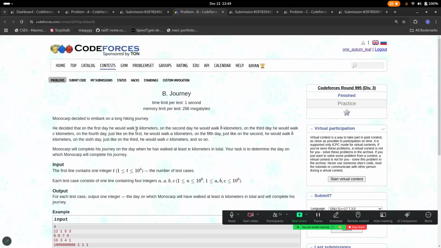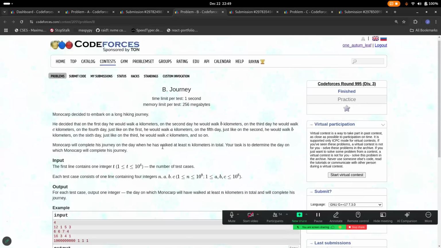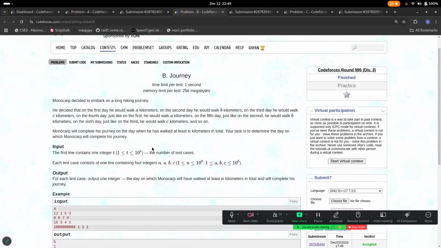On day one, Monocarp travels A kilometers. On day two, he travels B kilometers. On day three, he travels C kilometers. On day 4, he would again travel A kilometers. On day 5, he will travel B kilometers. On day 6, he will travel C. Basically, he's traveling A, B, C kilometers on each group of 3 days.